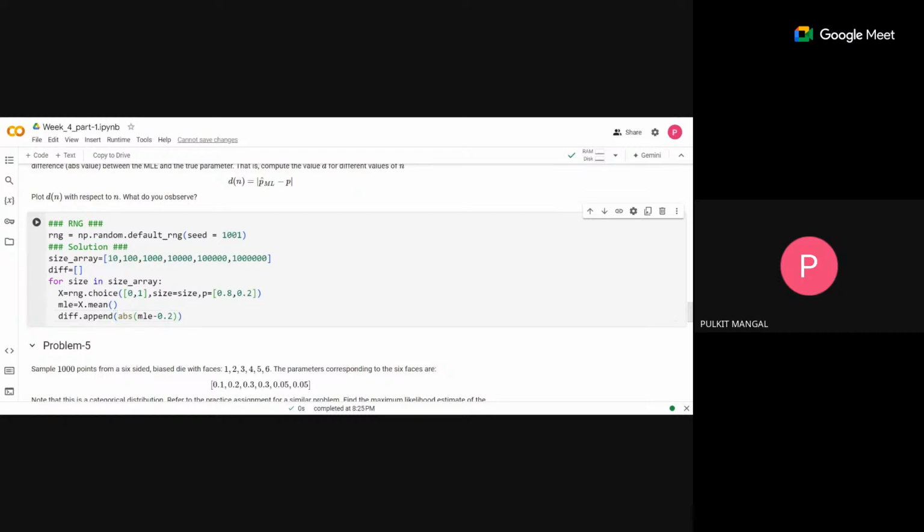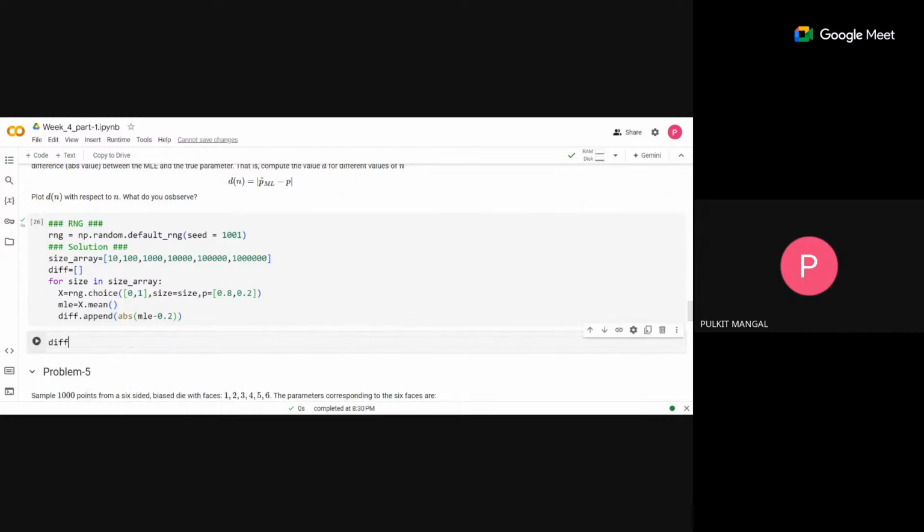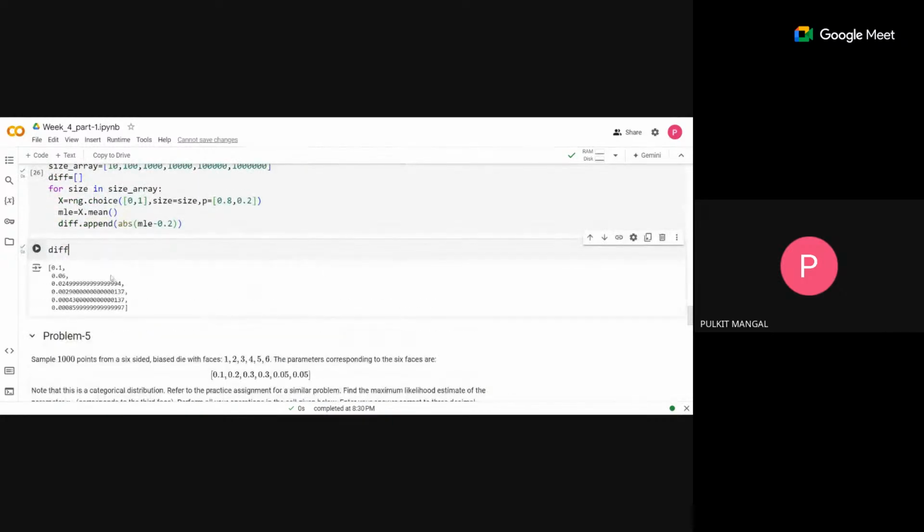Is it clear how this loop is working? Yes. It's a simple Python loop. Run it. Now if you see this diff, see how the values keep decreasing. As you sample more and more, the value will keep on decreasing.